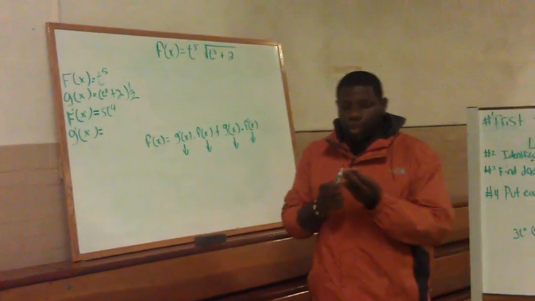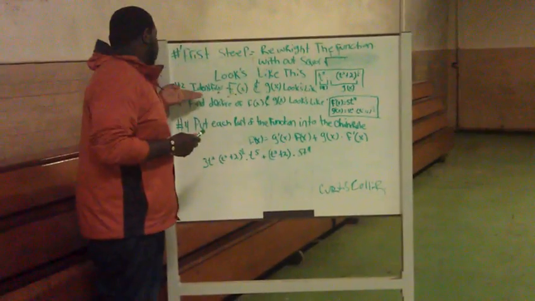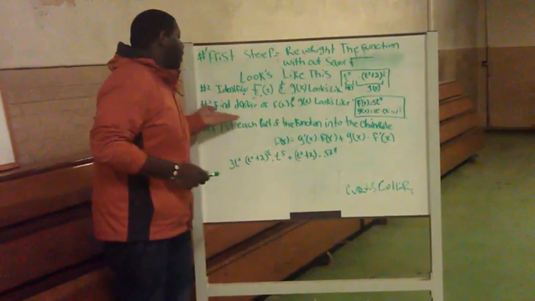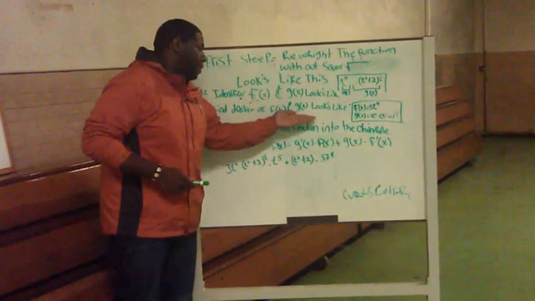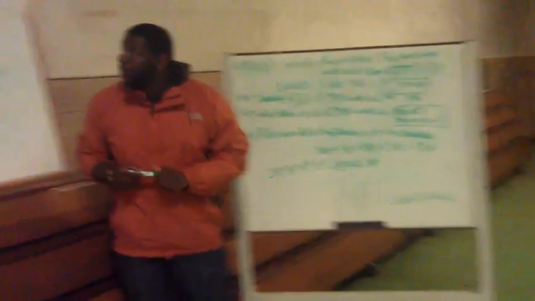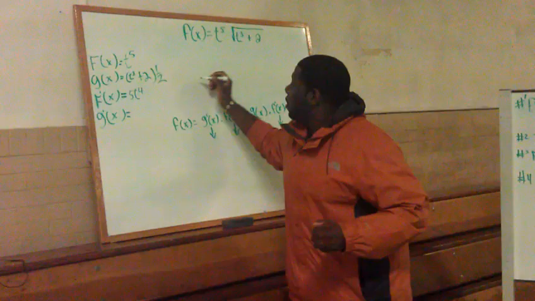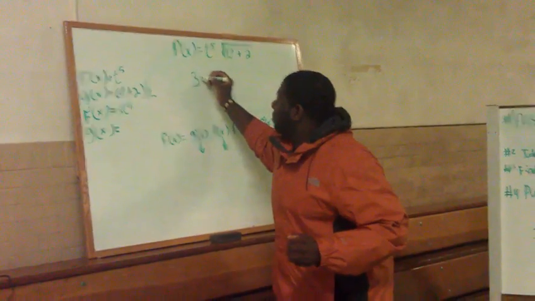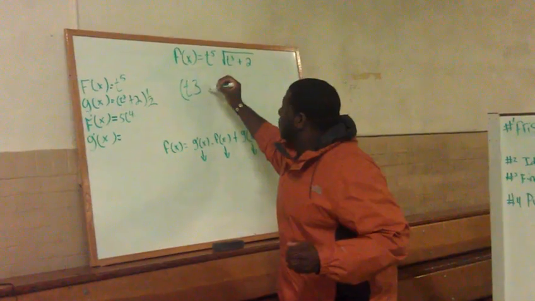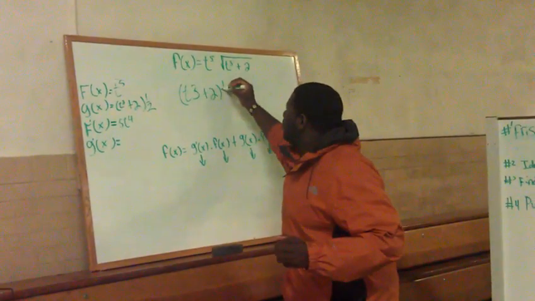Let's refer over to our step board. After identifying f and g of x, we want to find the derivatives of f and g of x. We're doing that right now. The derivative of 3t cubed plus 2 to the 1/2 power.